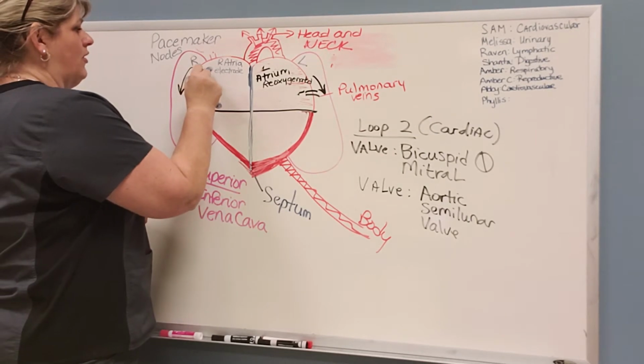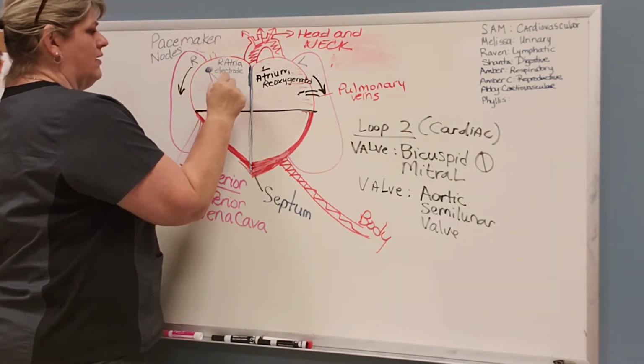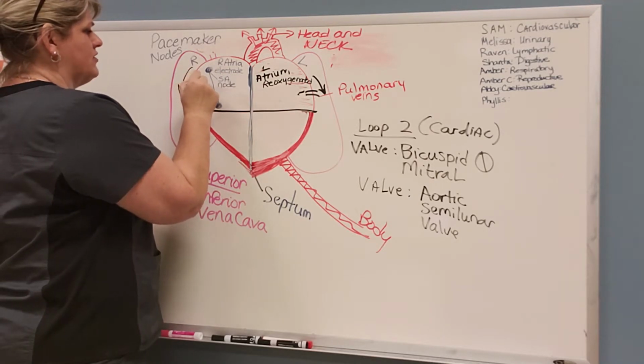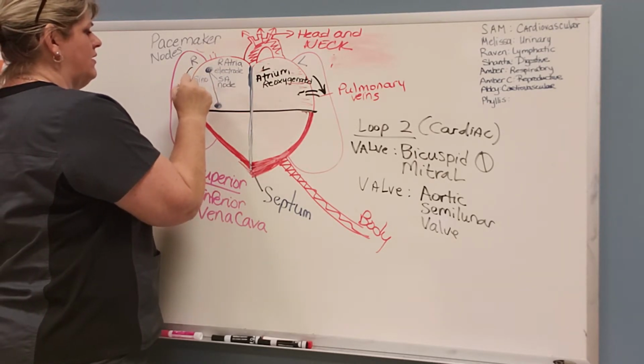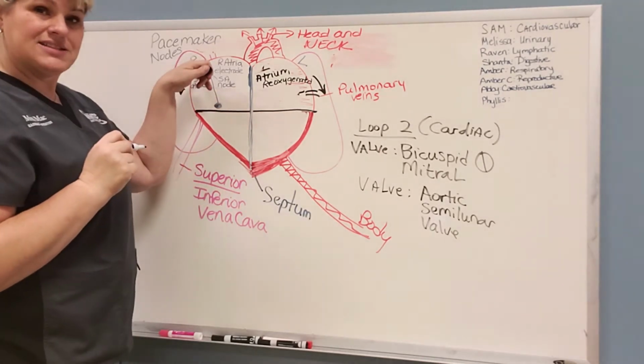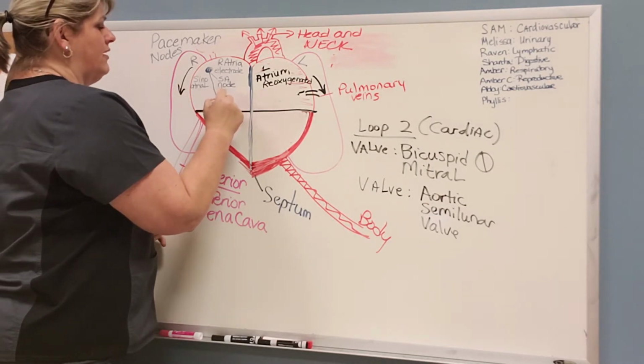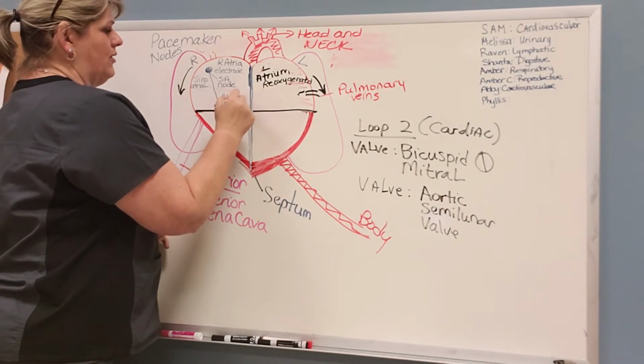This one is called the SA node. Okay, and SA stands for sinoatrial node, because it's located almost at the top of the atrium. This node down here is called the AV node.